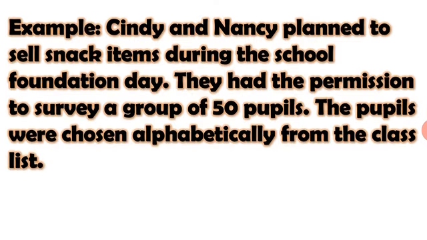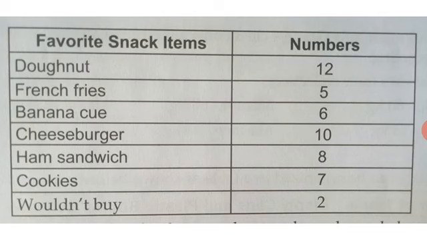Example: Cindy and Nancy planned to sell snack items during the school foundation. They had permission to survey a group of pupils. The pupils were chosen alphabetically from the class list. So first is favorite snack items and numbers.